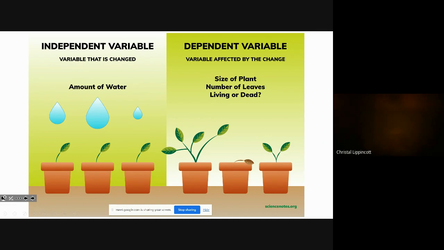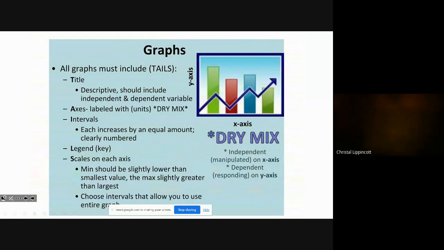If you think about the experiments in those terms, what depends on what, it'll help you identify how to place things on graphs. Graphs are going to have several different aspects, and I'm going to go through these on the next slide. You're also going to have homework tonight where you go through this as well. Your graph is going to include a title.